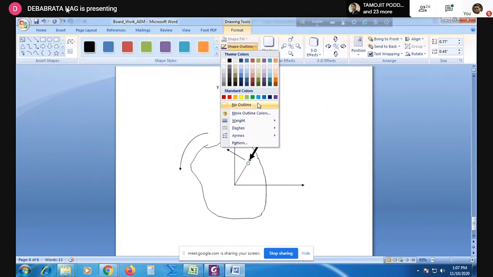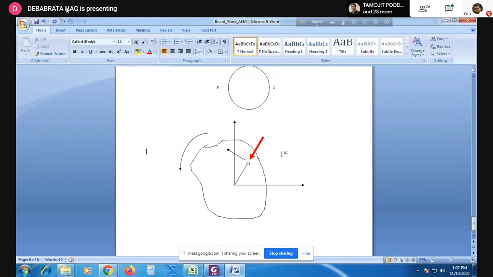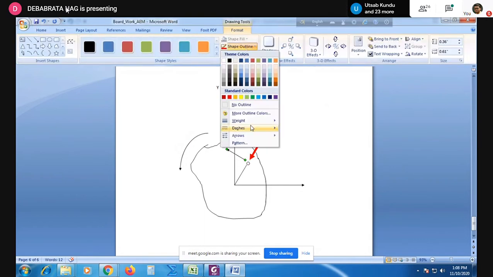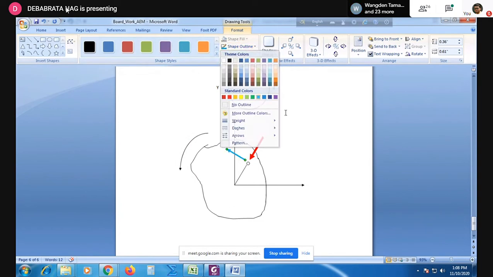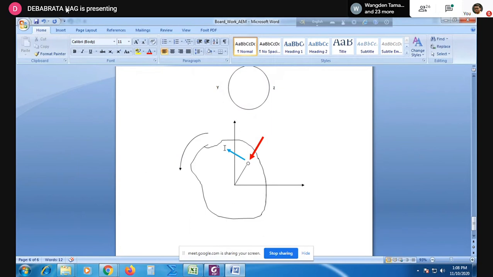This is the normal acceleration, I made it bold, and in a different color, this becomes the tangential acceleration. How much will be the magnitude of this?